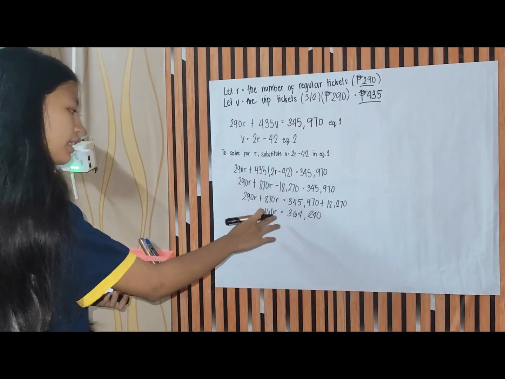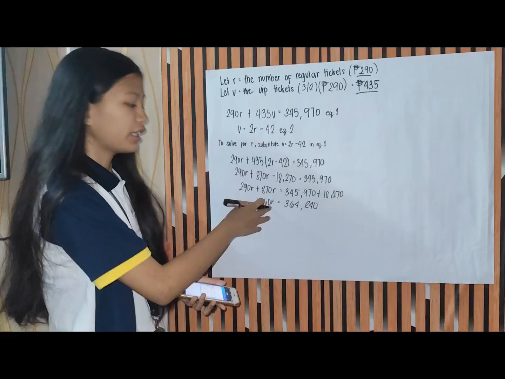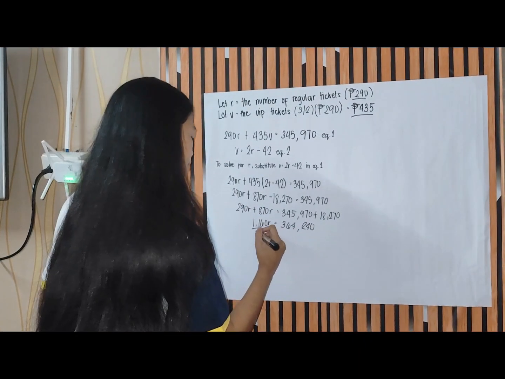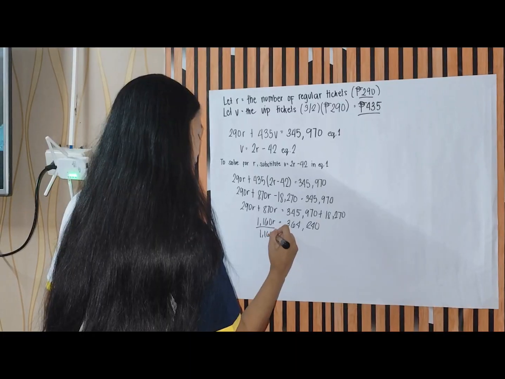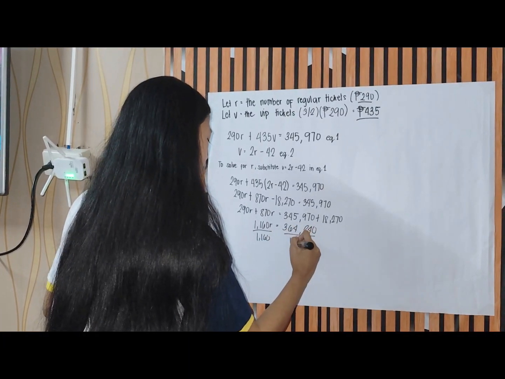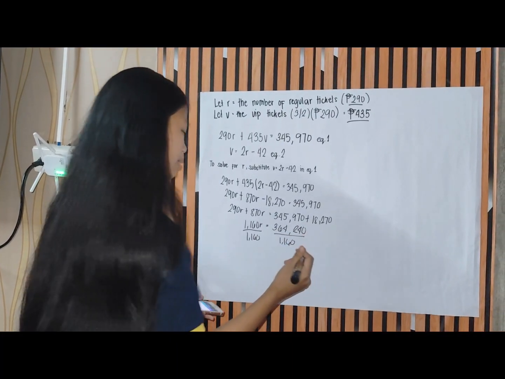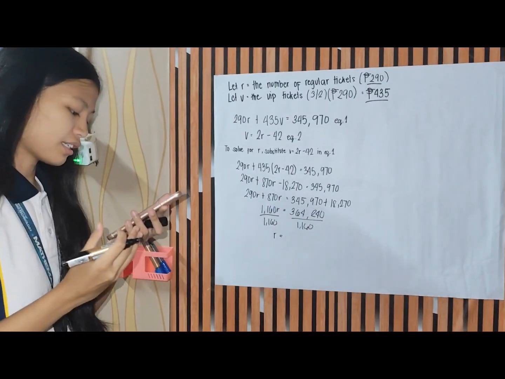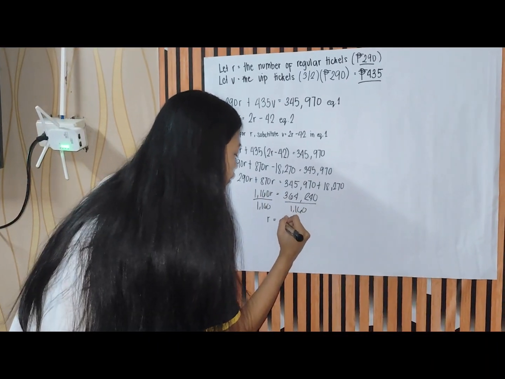Now, to isolate the variable R, we divide both sides by 1,160. Therefore, the value of R here is equal to 314.